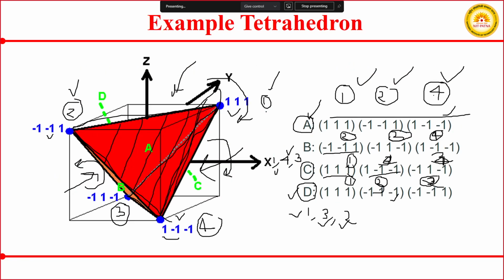So this is the discussion which we will be implementing in our next part, that is, how to save this information in the computer. Because we know how to list these vertices.